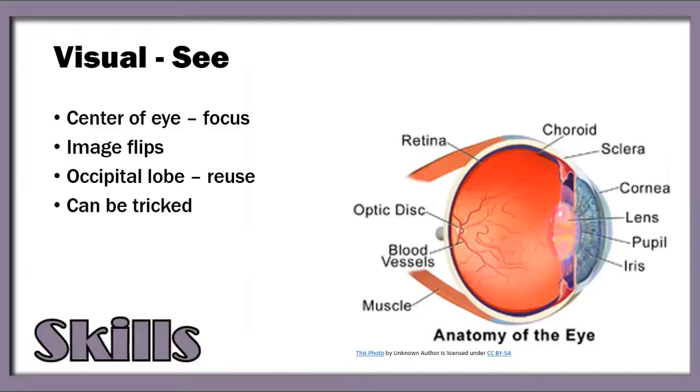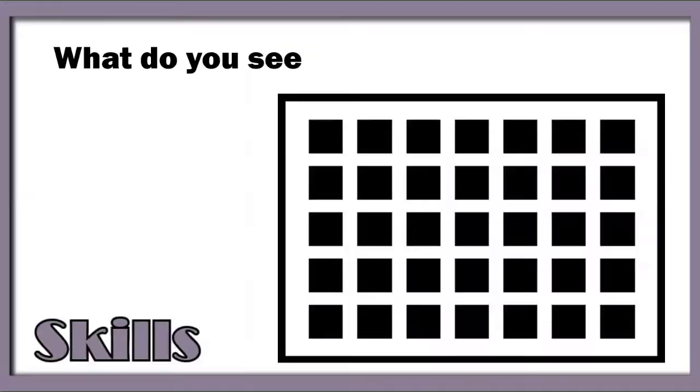And then just know that your eyes can be tricked. So take a look at this image and tell me, do you guys notice anything on this? So what is this a picture of? Just squares with a box around it. Okay.